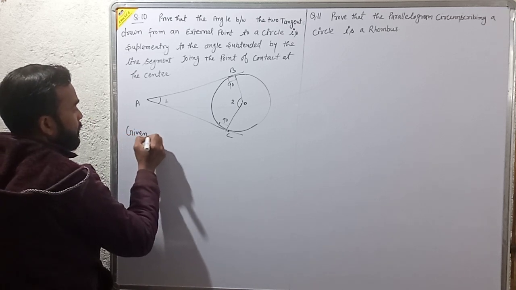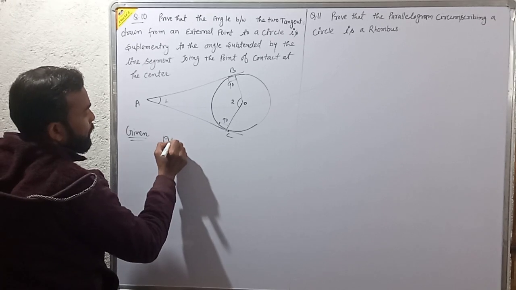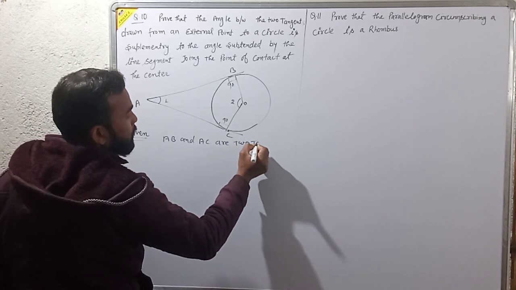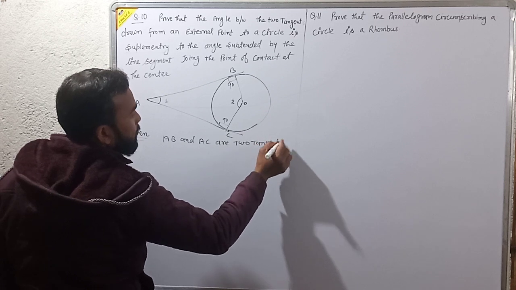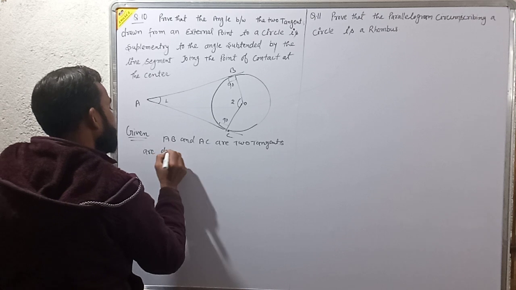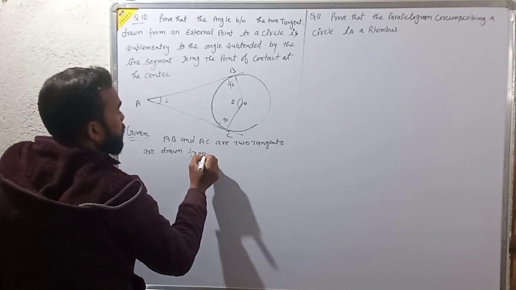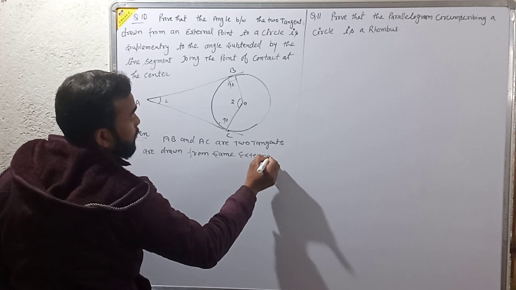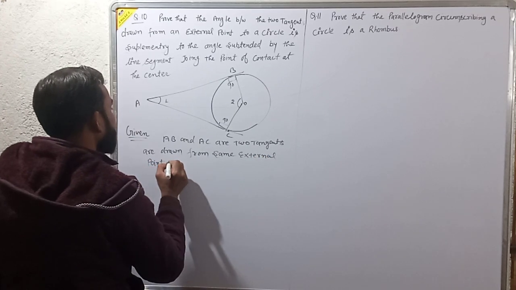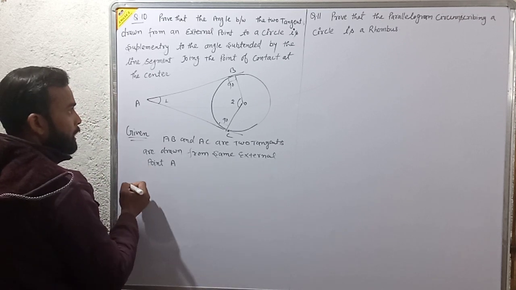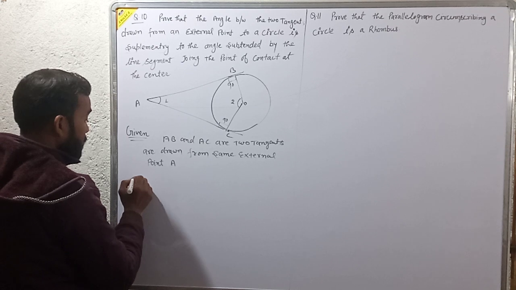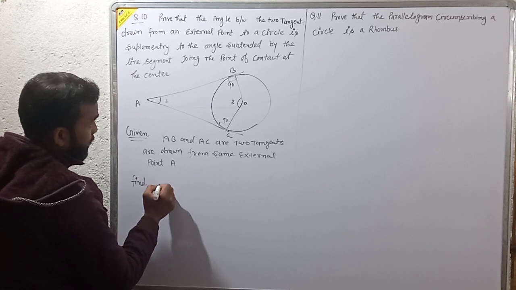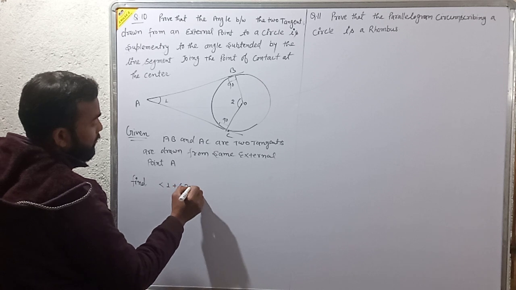Given: AB and AC are two tangents drawn from the same external point A. We have to find angle 1 plus angle 2 is equal to 180 degrees.